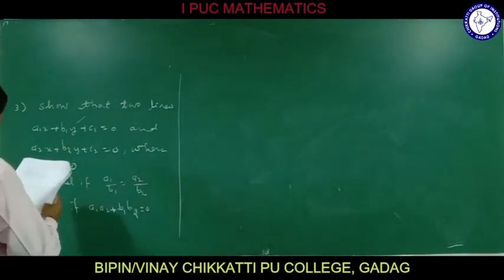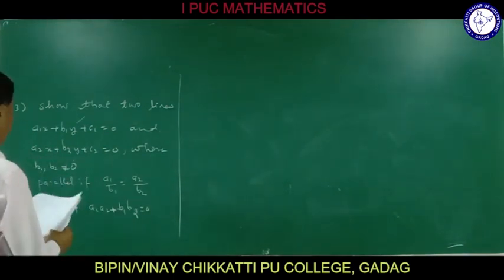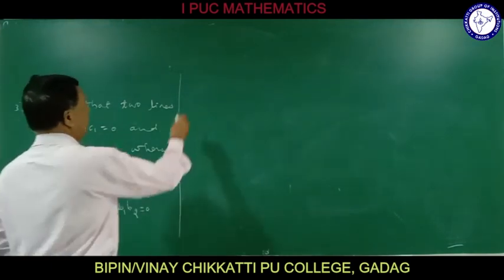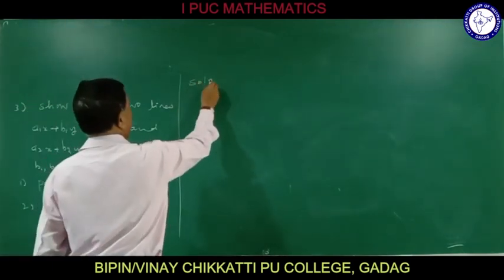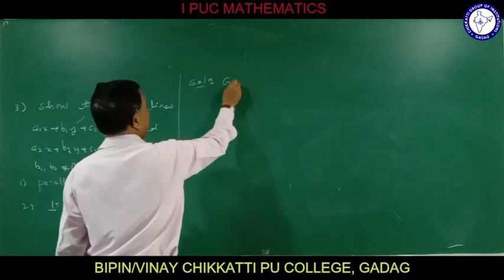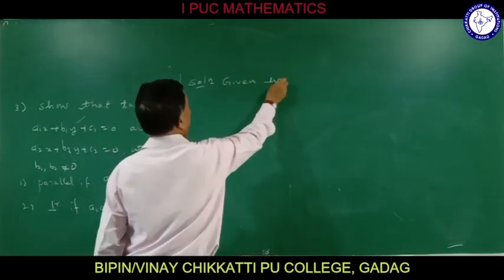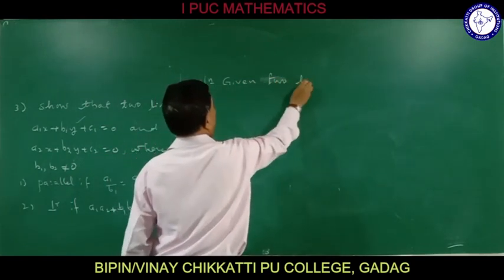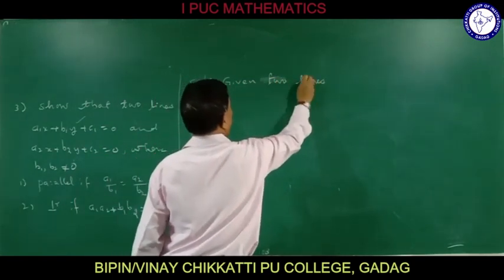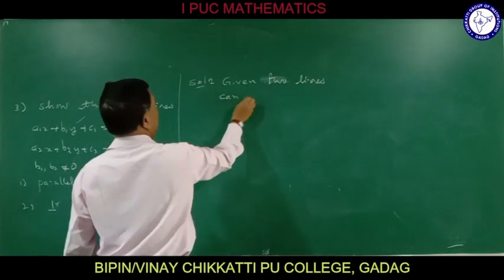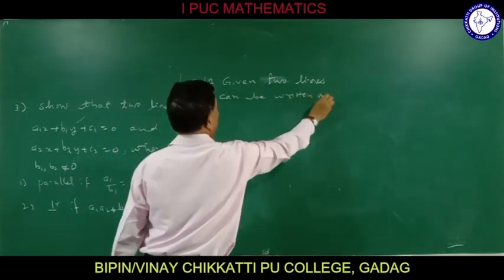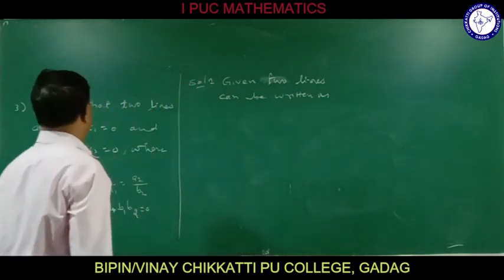The given two lines can be written in slope intercept form.